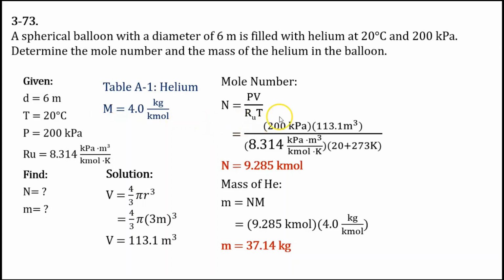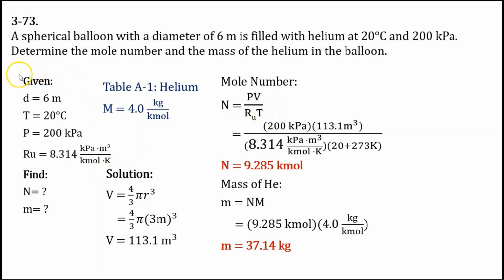So now let's proceed in solving the mole number. We have here the formula N is equal to PV over RT, where P is the pressure, V is the volume, and R is the universal gas constant, which is equal to 8.314 kilopascal cubic meter per kilomole Kelvin. And T is our temperature, which is in Kelvin.